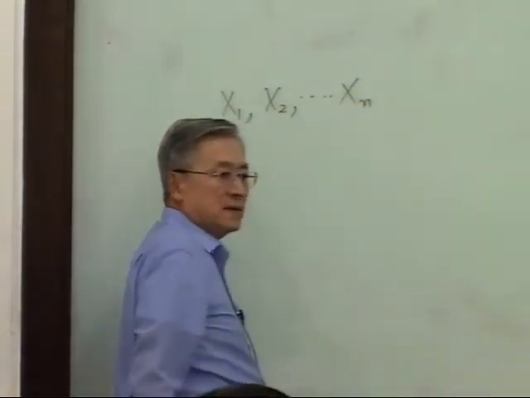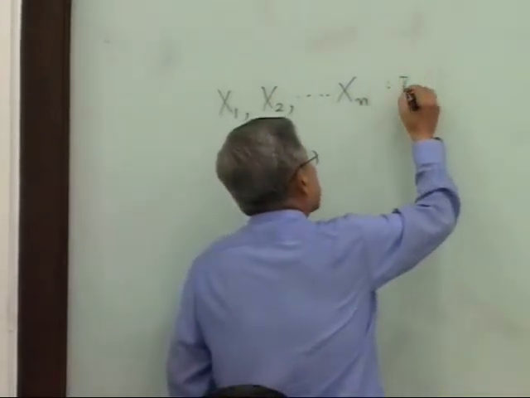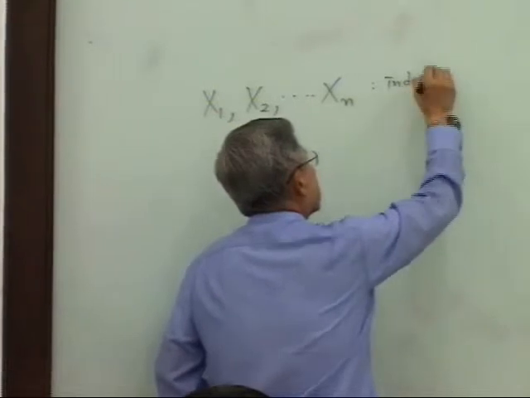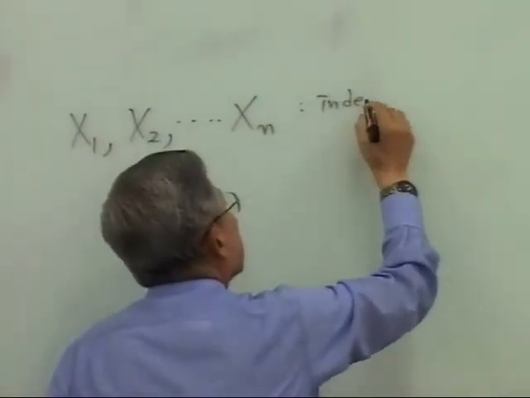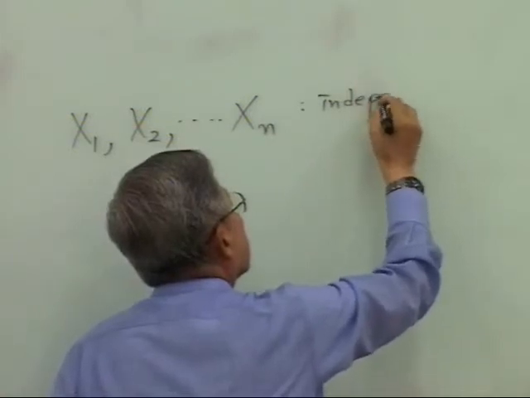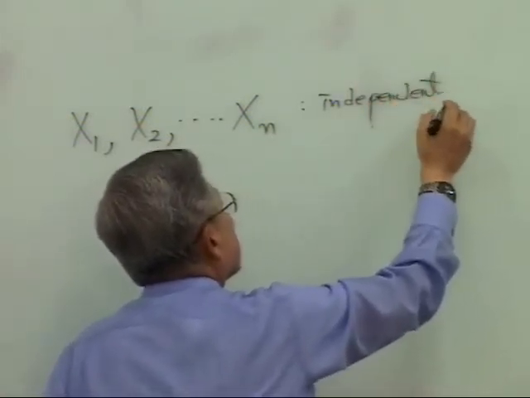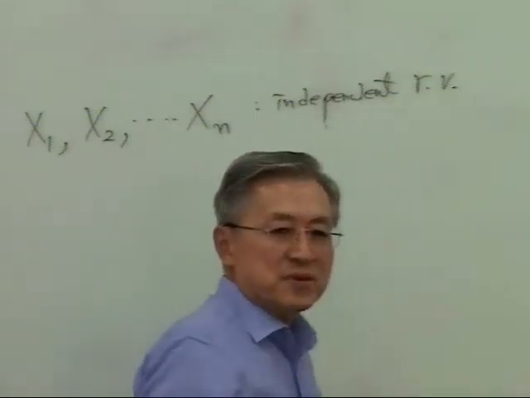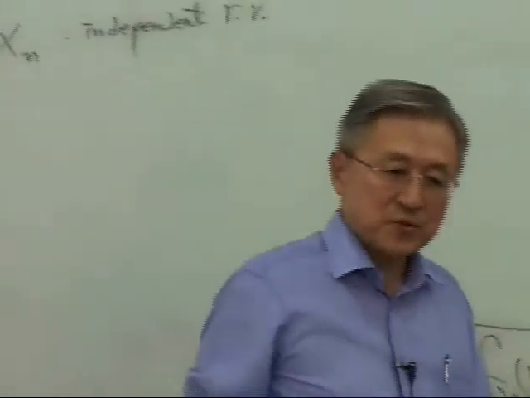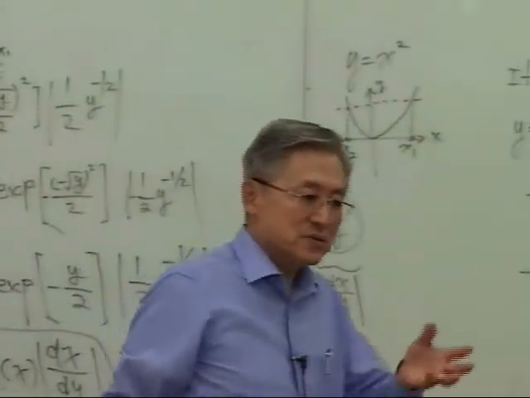xn are independent random variables. What does it mean? You heard now for the first time independent random variable.